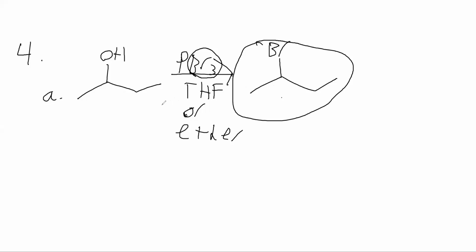And this is good for primary and secondary alcohols. That will be important coming up in your next lecture, probably, but just so you know, this is what these conditions are good for.